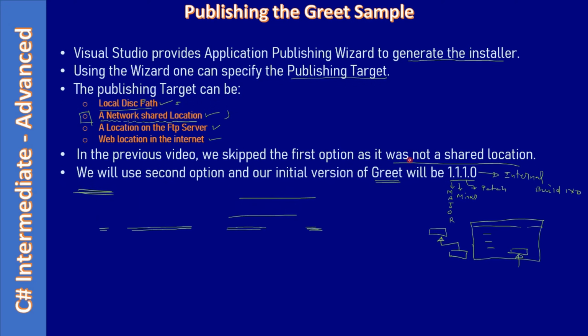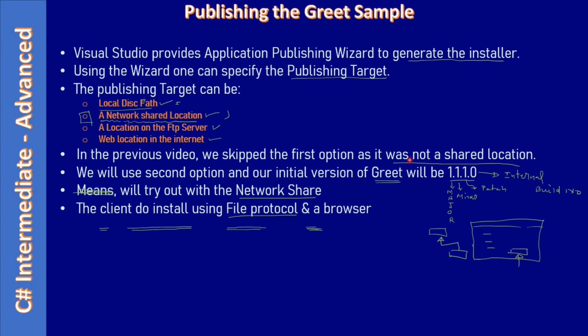After that, we installed that published application in the client workstation using the file protocol, and we typed in the web address in a web browser. Now we will do the update. Update in the sense we will do the publishing update on the same location, and we will also see how clients get the notification.